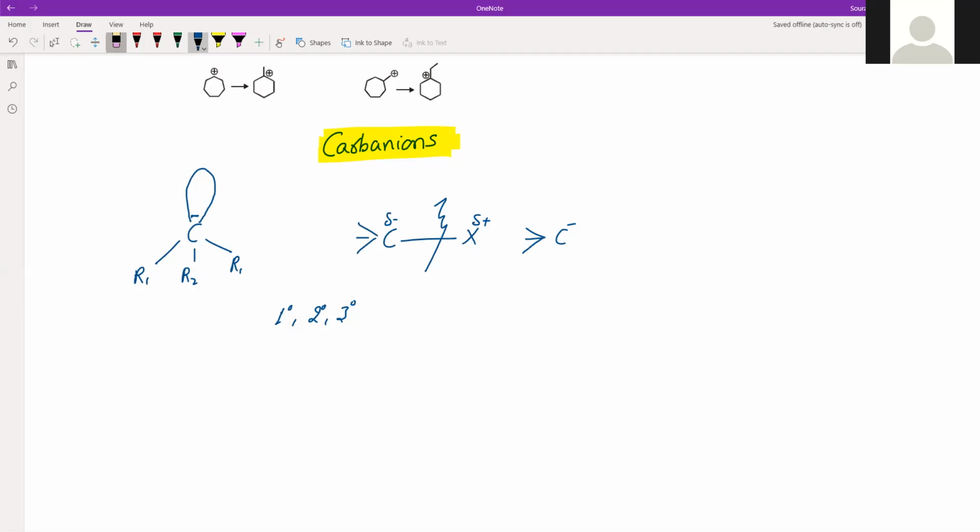So, for example, it can be just CH3 negative, which is primary, or it can be CH3CH2 negative, that is secondary, or it can be 2 CH3 attached to a CH negative, or it can be 3 CH3 attached to a carbon which has a negative charge.